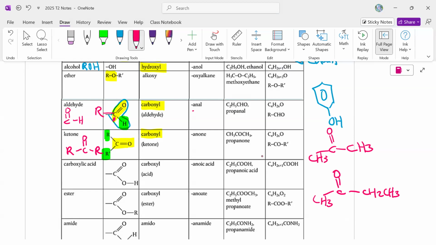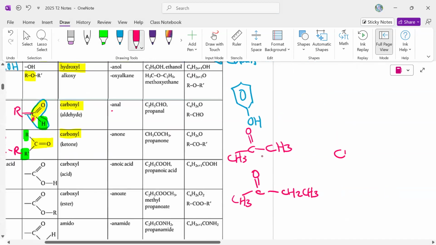So there is no need to tell people this is number 2, butan-2-one, because there's no way to draw anything else if you have 4 carbons only. And there's no way to draw anything except propan-2-one if you have only 3 carbons. Okay, but if there are now 5 carbons, then it is a bit different.